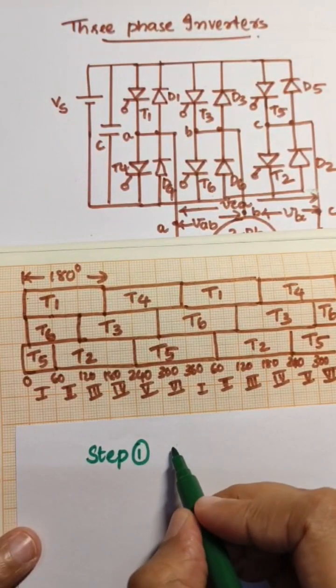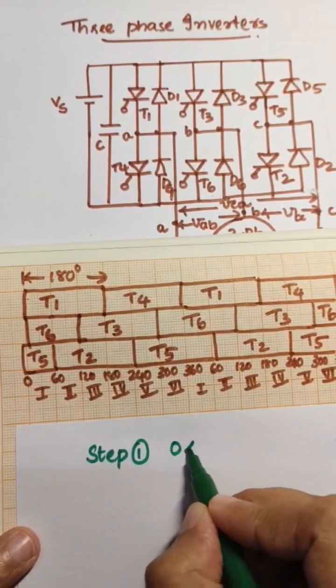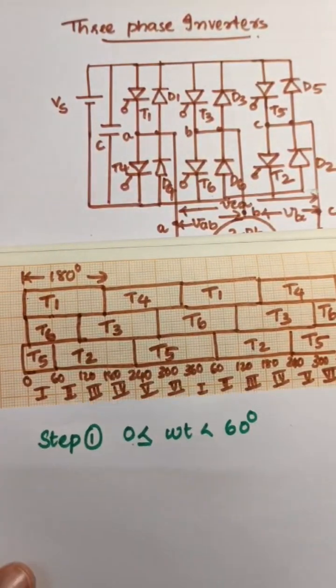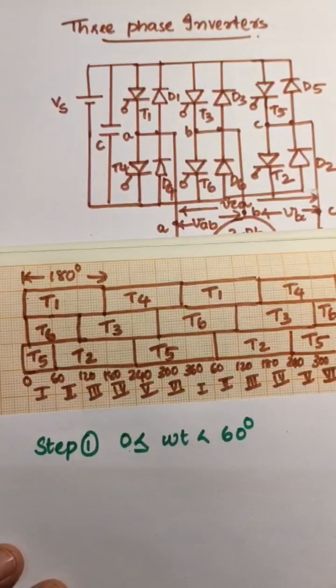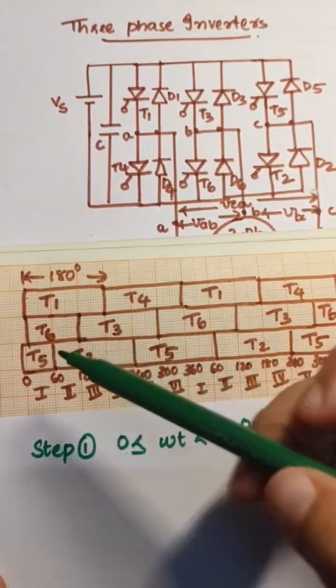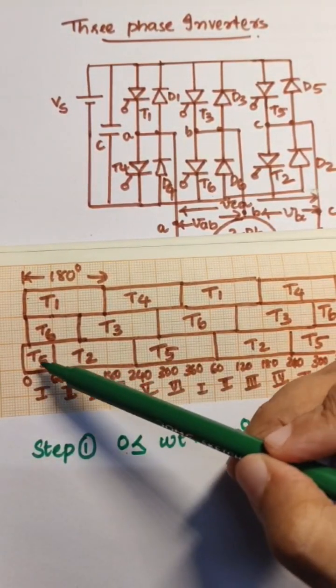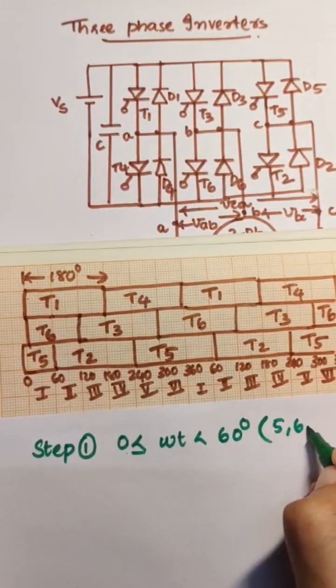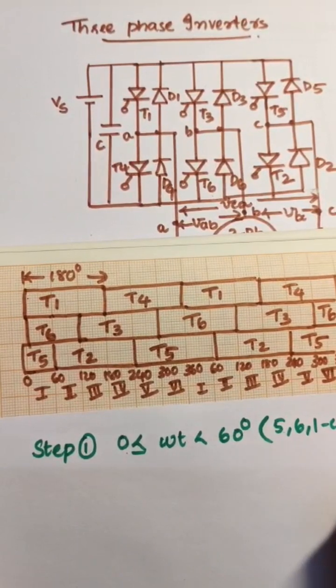Step 1 is from 0 to 60 degree. And during this period, the switches which are operating is 5, 6, 1. So 5, 6, 1 closed.